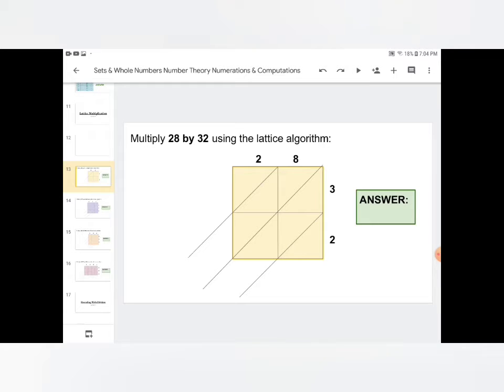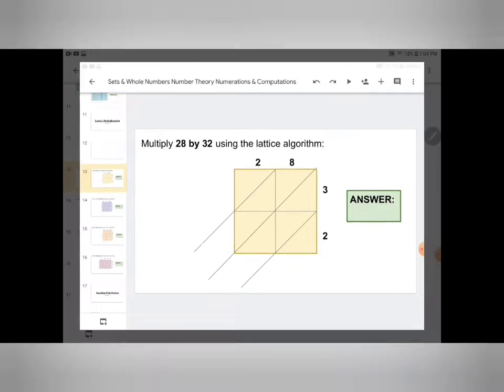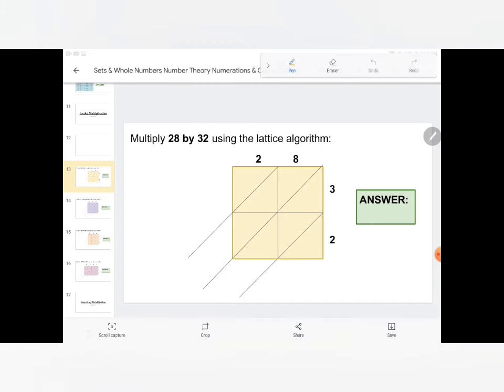So I went ahead and took the liberty of drawing our square, and I put down the numbers 28 and 32, and we're just going to walk through this together and solve for 28 times 32.